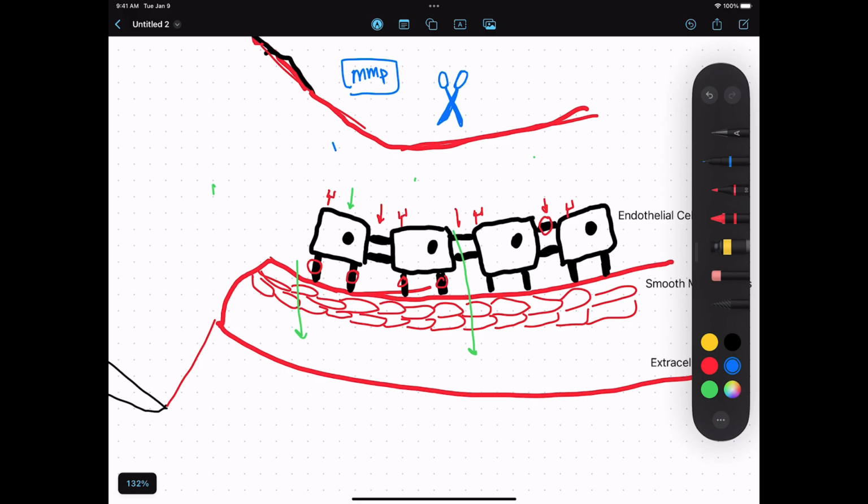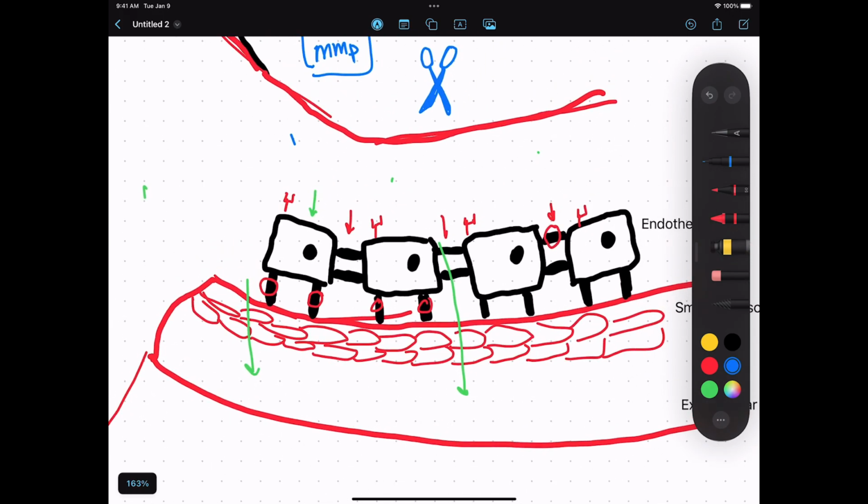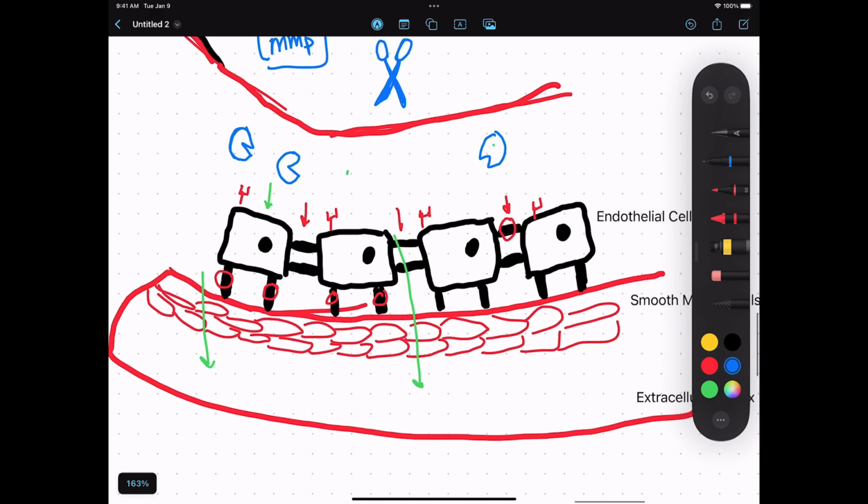So where do these MMPs live? They get recruited in the blood, and I'm going to draw this like Pac-Man. Certain cells will secrete MMPs. They get recruited. Here's some MMPs, here's some MMPs, but they also exist on the membrane of endothelial cells.